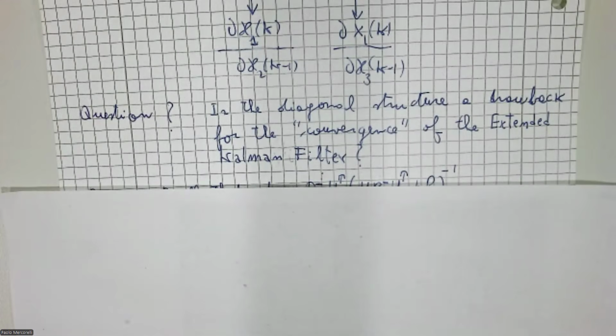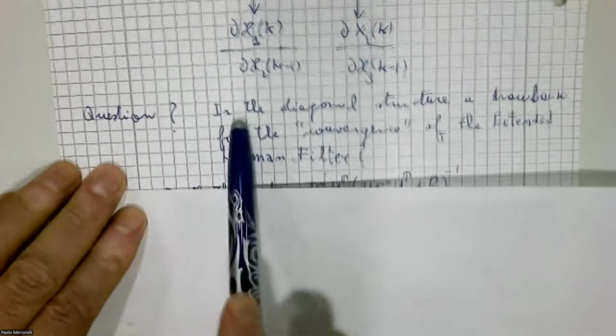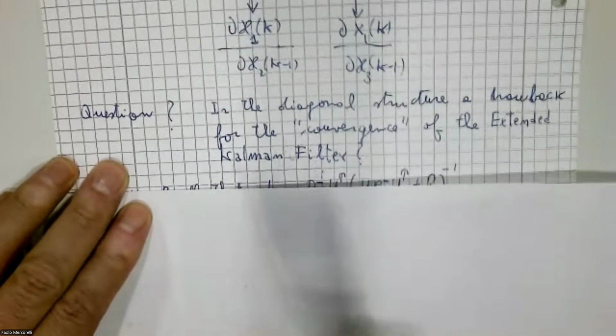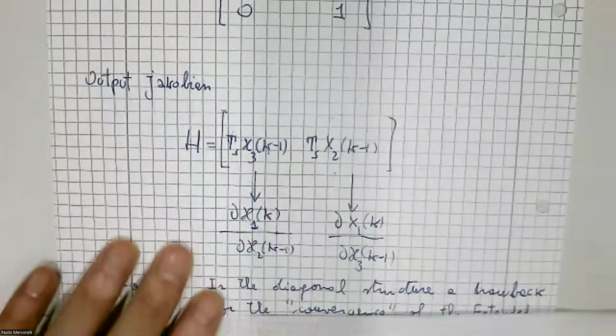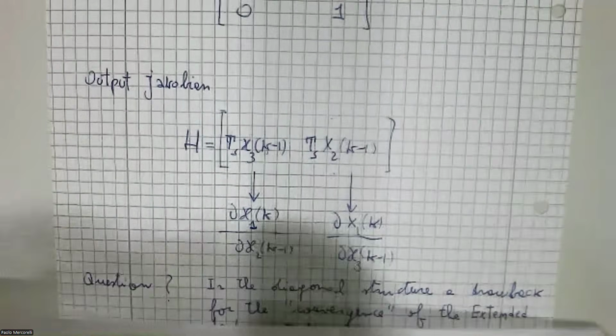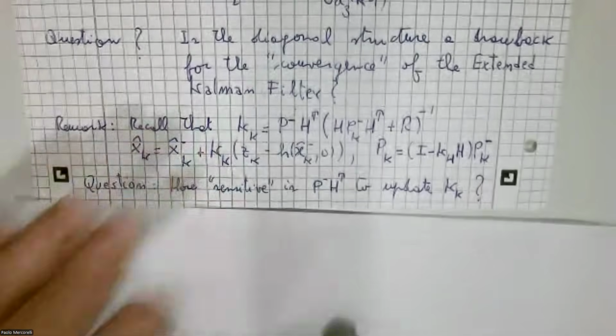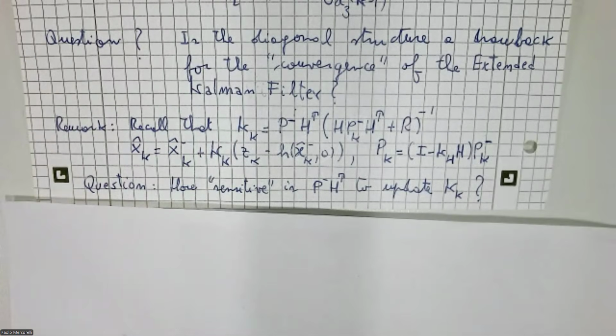Very interesting question, nevertheless. Is the diagonal structure a drawback for the convergence of an extended Kalman filter? Do you remember, this was a question, or a problem, or remark, which I proposed when I analyzed the observability.